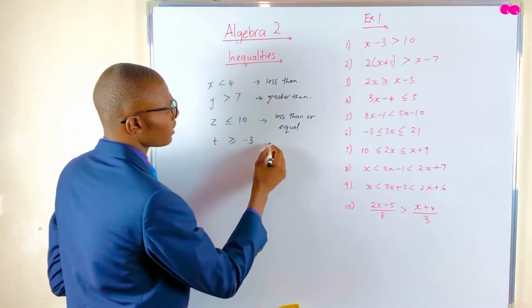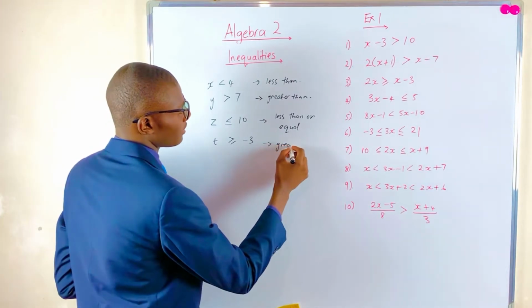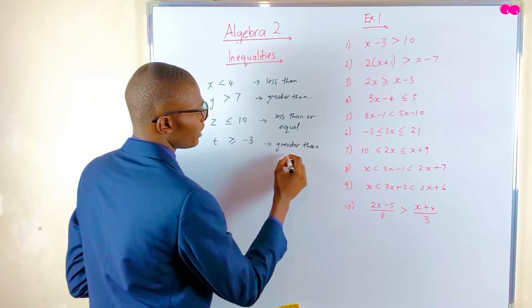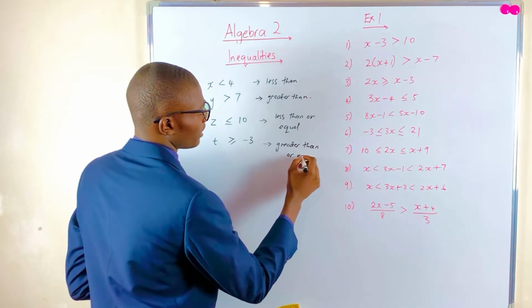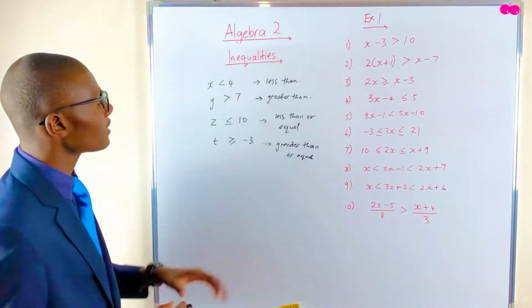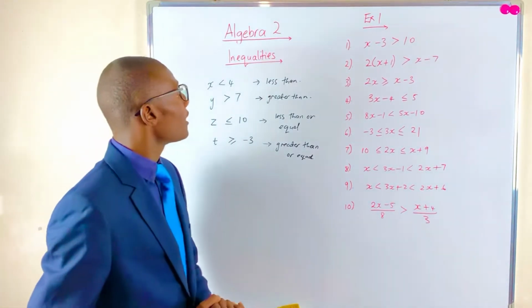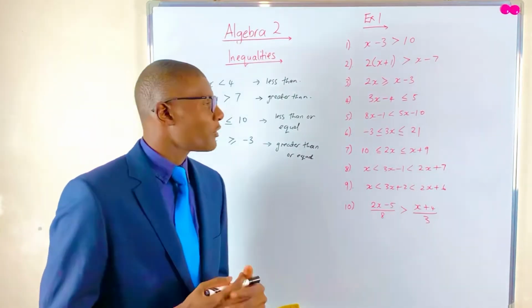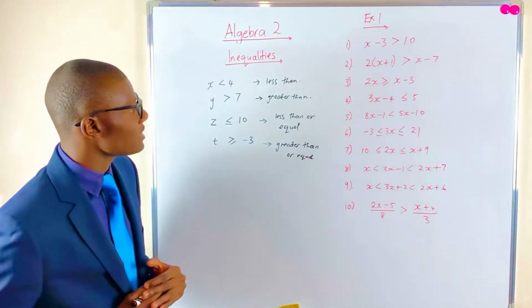So this one, we call the greater than or equal to sign. Right. So these are the four basic inequality signs that we get to talk about when we look at inequalities.